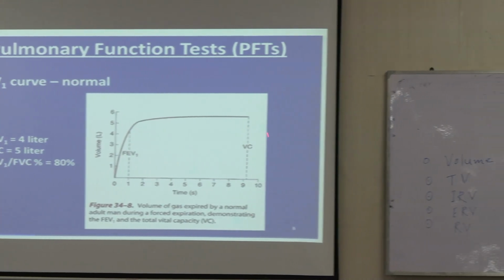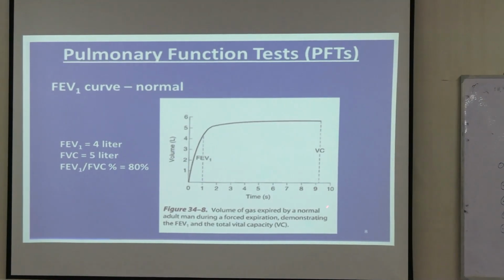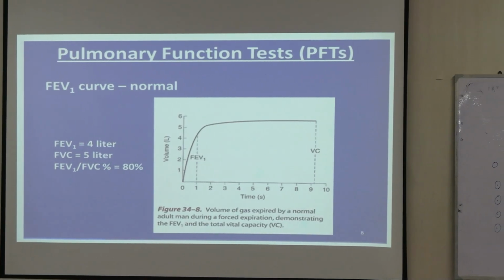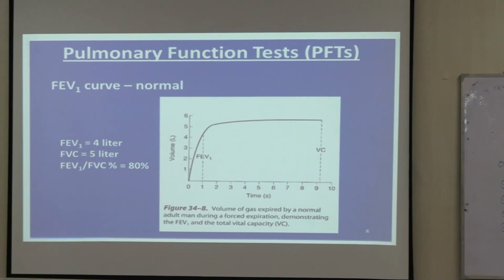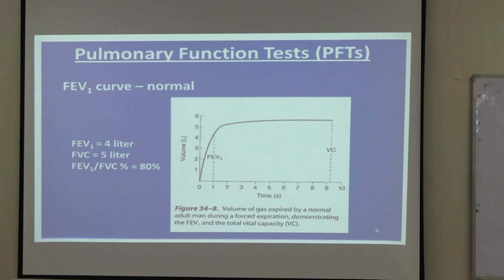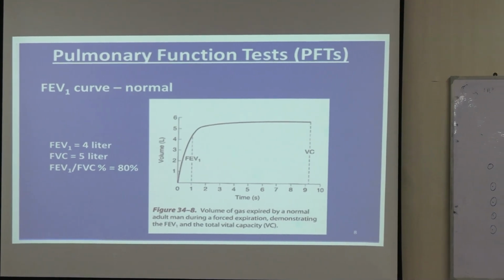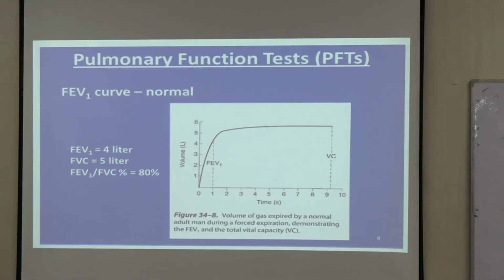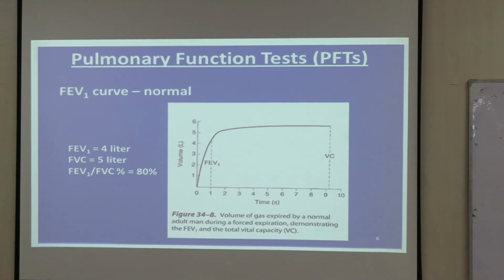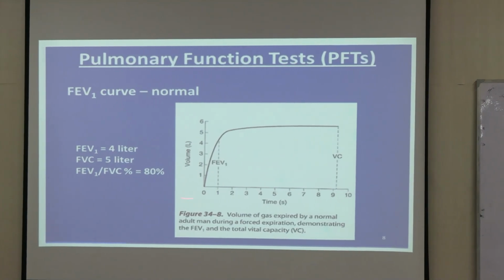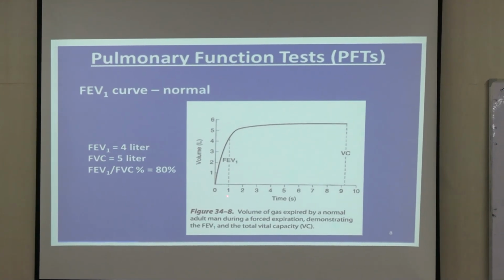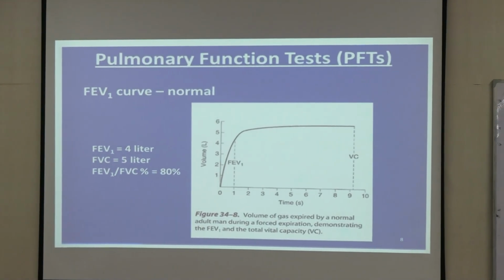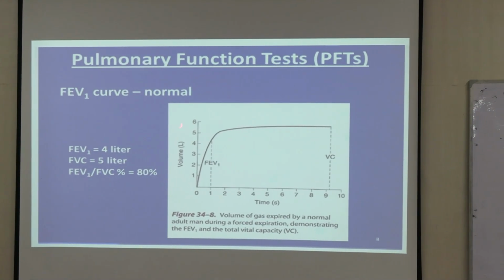What is the overall vital capacity here for the healthy subject? It is around 5 liters, right? If you see the forced vital capacity of healthy subjects, the value is around 5 liters. So what does the FEV1 curve mean? It means that in the first second of FVC, the person can exhale only a particular volume of air.